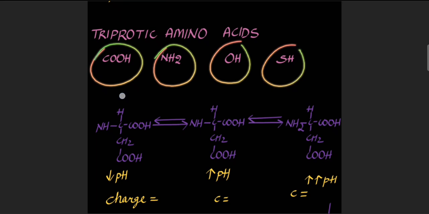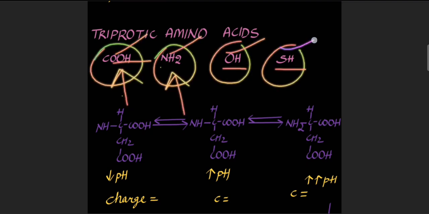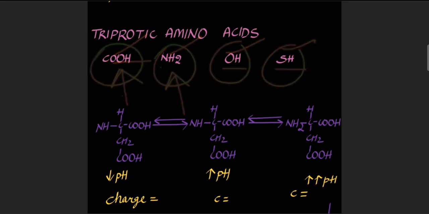That means if a particular amino acid contains COOH, then it will have a particular pKa value where it will be losing or accepting a hydrogen. If a particular amino acid has NH2, this will be different from COOH, OH and SH. So every other group will have its own unique pKa value where it will be accepting or donating a proton, that is a hydrogen, right?